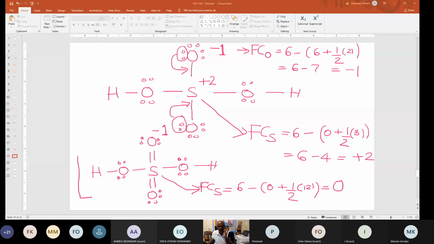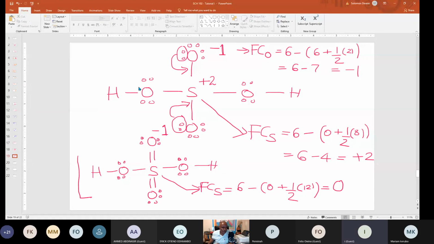Okay. So now I want you to look at this. Remember, I told you if this was the Lewis structure for sulfuric acid, it will not be an acid. The reason why I'm saying this is that if a base comes and takes away this hydrogen, we'll have a negative charge on this oxygen.